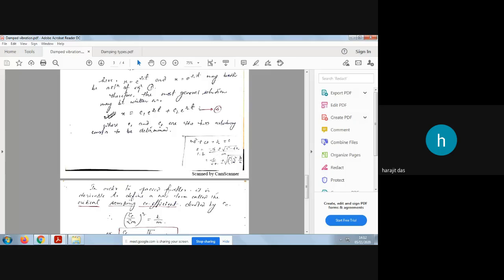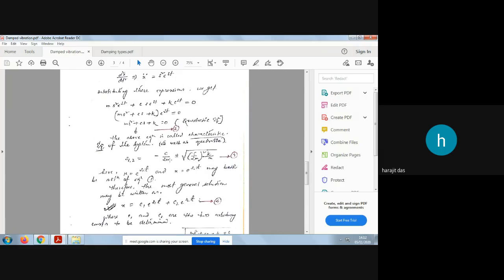If you just use this formula to find out the roots, your final expression will be this one. Because this is a quadratic equation in s, there will be two values of s. So s1,2 will be minus c by 2m plus minus under root c by 2m whole square minus k by m. Understood? So don't be confused why this equation becomes this one. Actually these are the two roots of this quadratic equation.